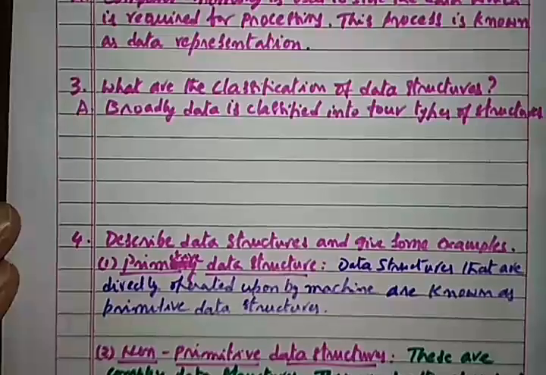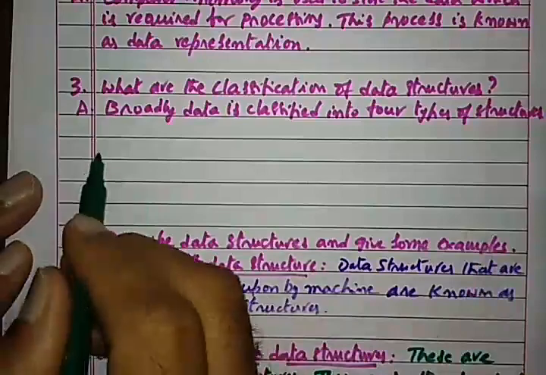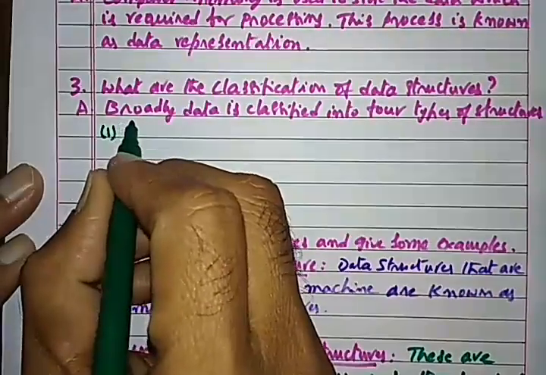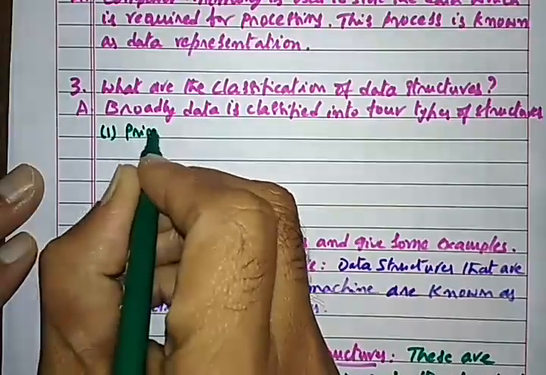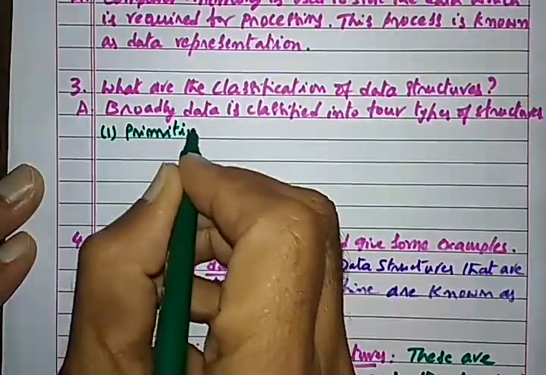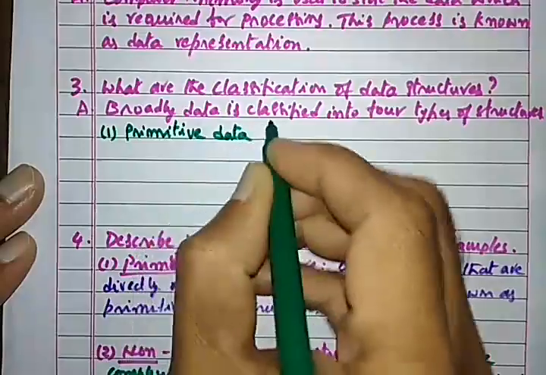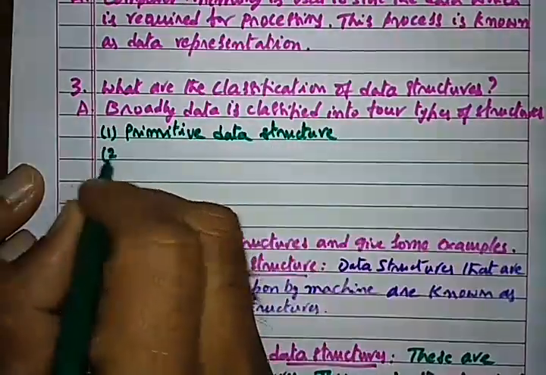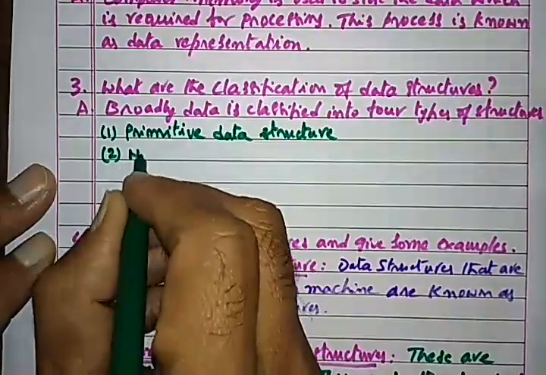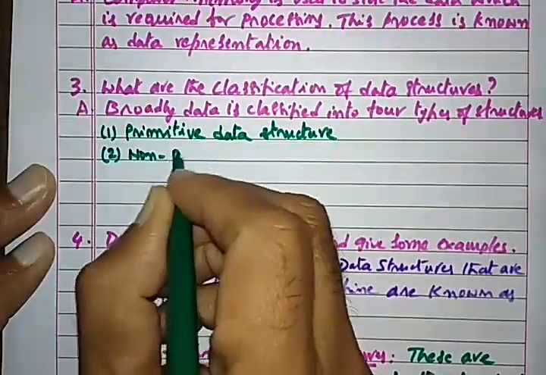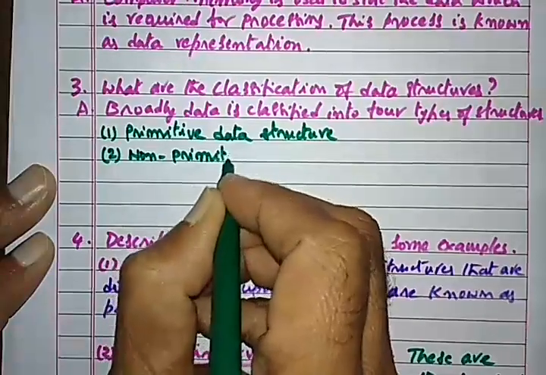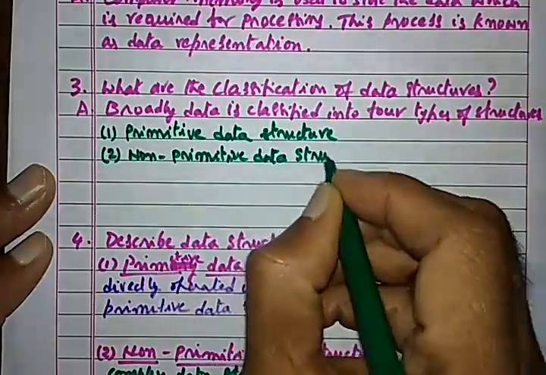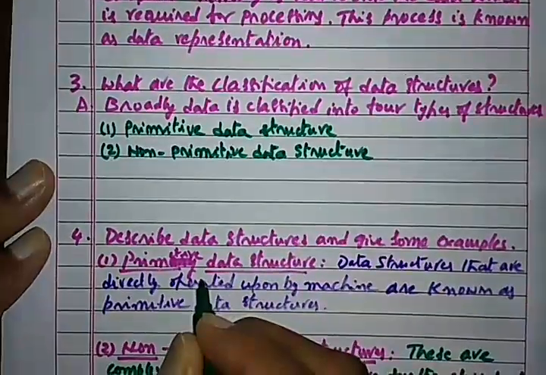Okay. So now we have seen the block diagram. Now we will write the four types. Primitive data structure. Second one is non-primitive data structure.